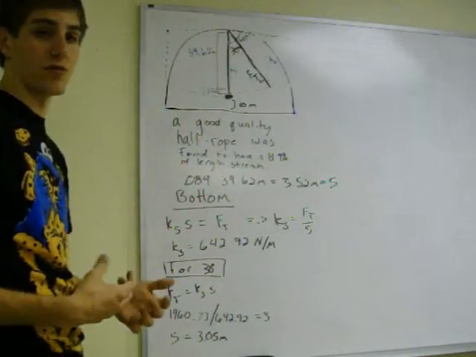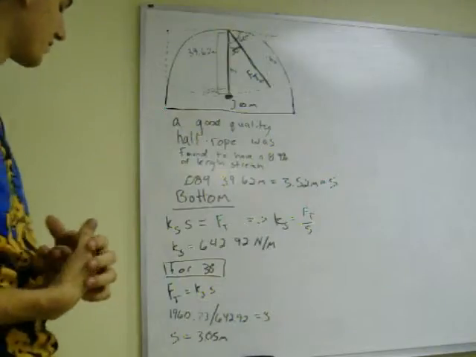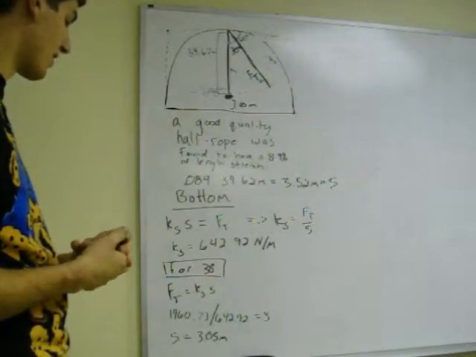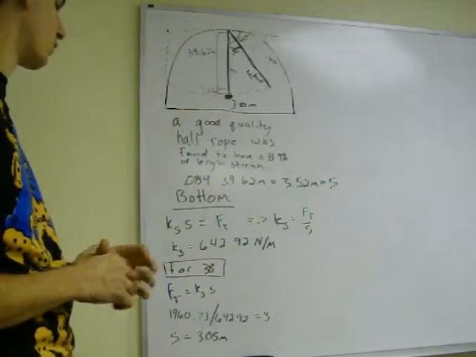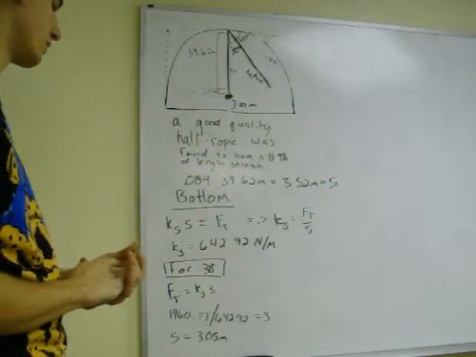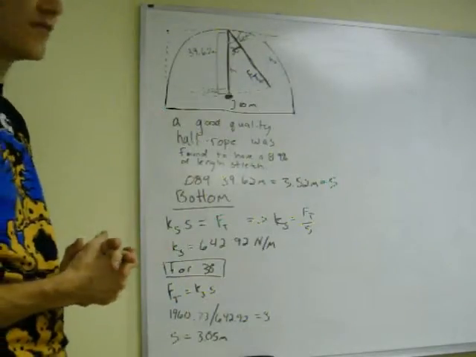So now we can solve for at 30 degrees. For at 30 degrees, the tension force was 1,960, and divide that by 642.92 newtons per meter. That equaled 3.05 meters. So here's my computational model of the swing.